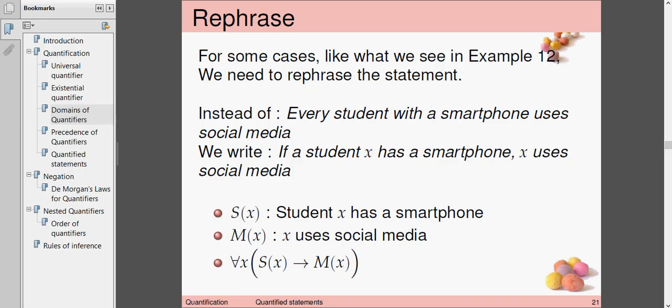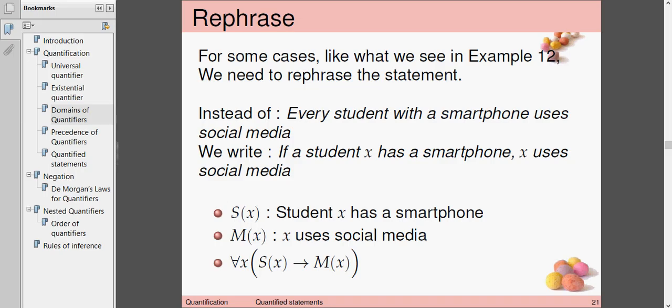So here we paraphrase the statement of the proposition.